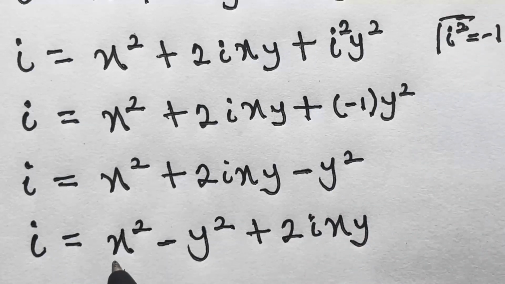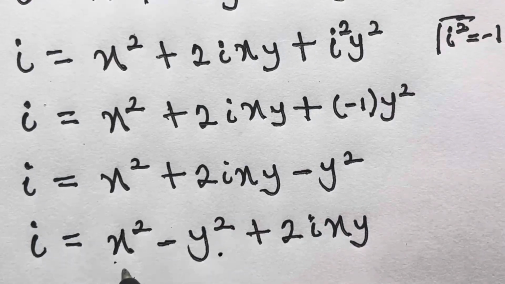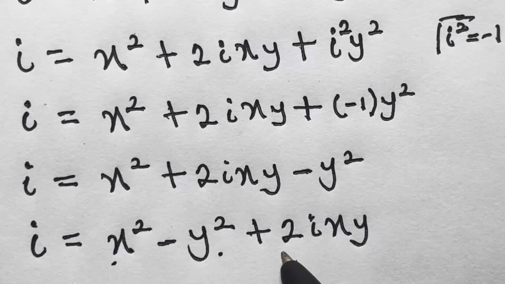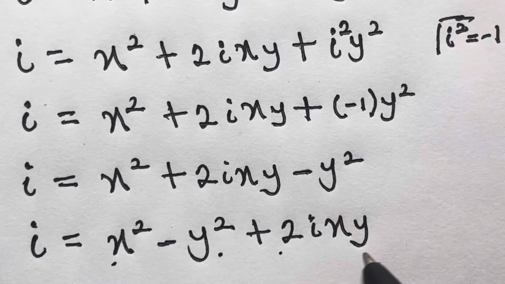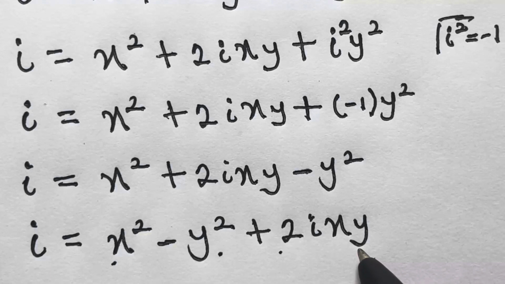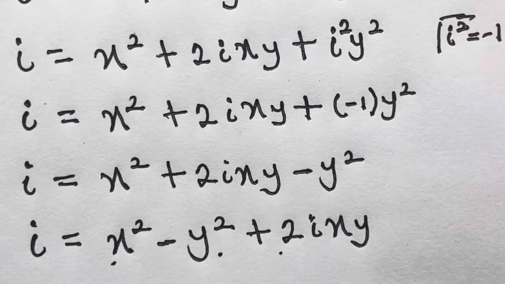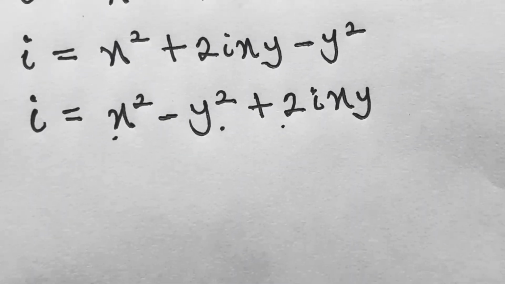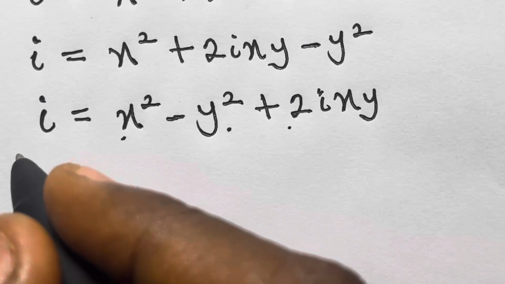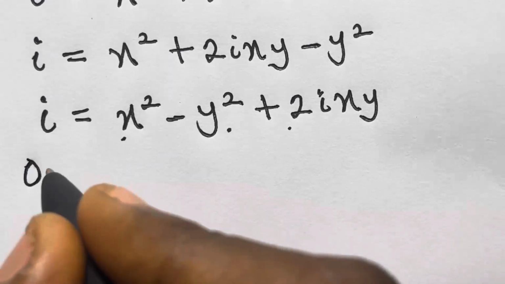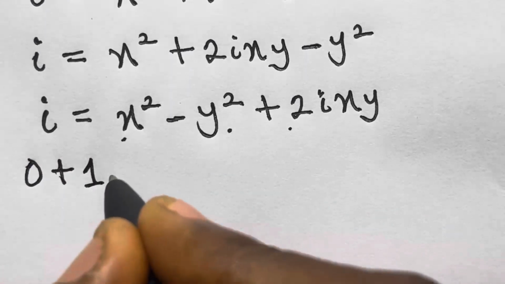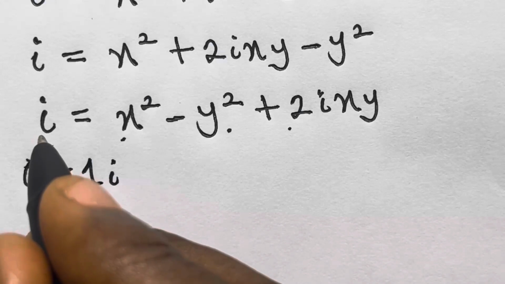So again, from here to here, we have real parts, and here we have imaginary parts. Now we can express this i to be 0 plus 1i. So it's the same as this.